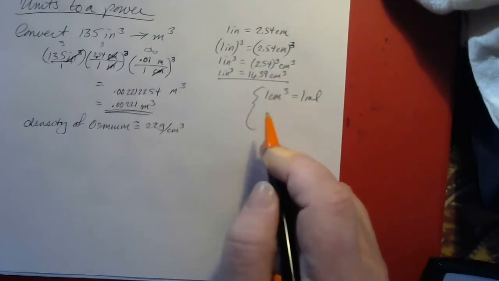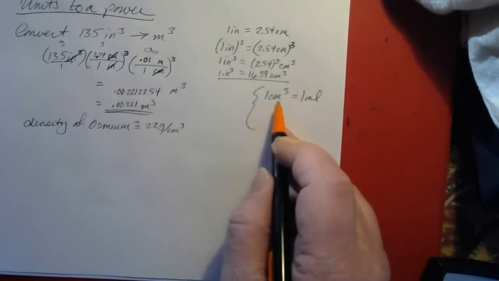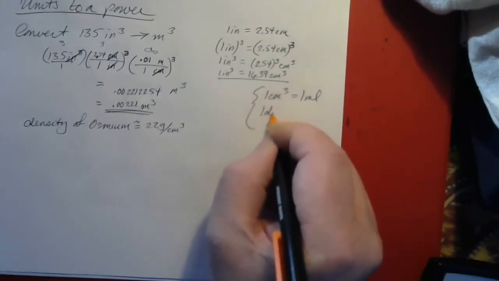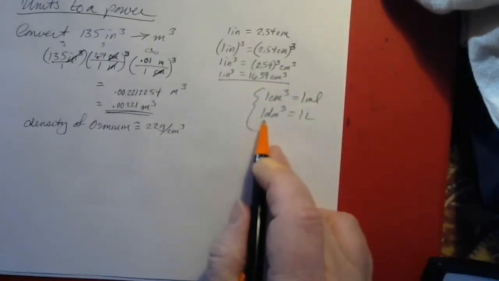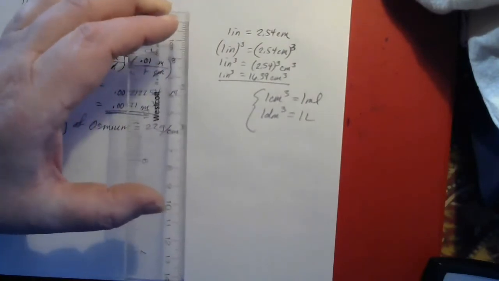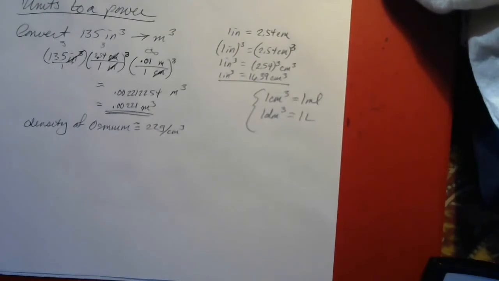When they set up the metric system, they did certain things deliberately. They set it up so that 1 cubic centimeter would be the same as 1 milliliter. And 1 cubic decimeter, that's 1/10 of a meter, or 10 centimeters. So a decimeter would be basically this long here, 10 centimeters. If you have a box that's 10 centimeters on each side, that's the same as 1 liter.